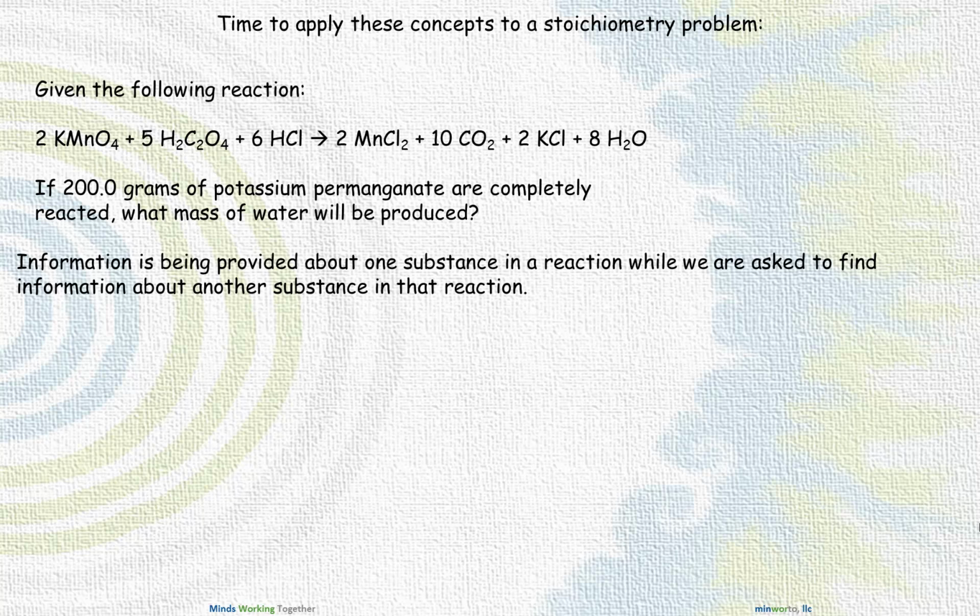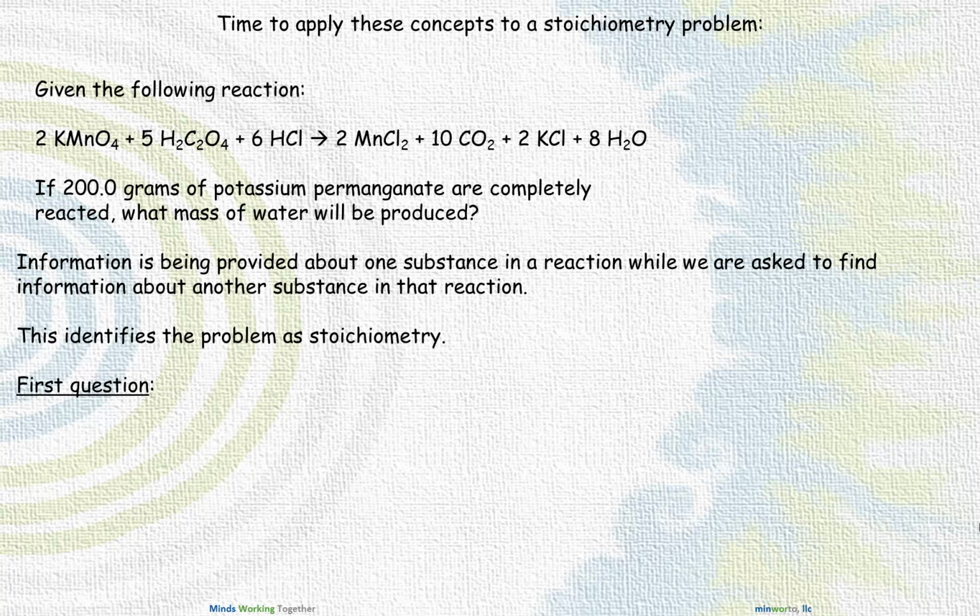Information is being provided about one substance in a reaction, the first reactant, potassium permanganate, while we are asked to find information about another substance in that same reaction, that last product, water. This identifies the problem as stoichiometry.